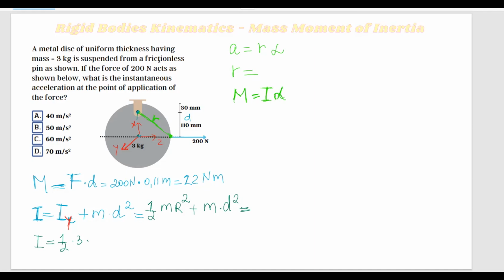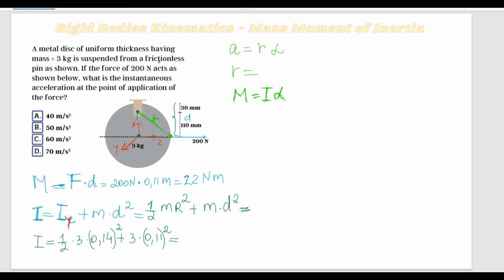The radius is this distance, 30 millimeters plus 110 millimeters, which is 140 millimeters, or 0.14 meters. Plus the mass, 3 kilograms, multiplied by d squared, where d is the distance from the center to the hinge, 0.11 meters, squared. Let's not forget that both of these are squared. Okay, let's do this calculation.